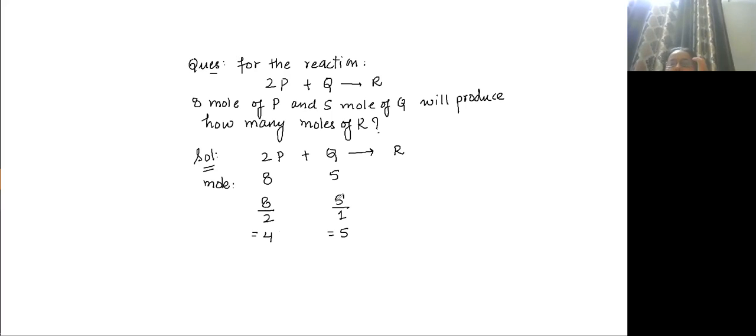This is 4, this is 5. So which will be LR? P is LR, Q is ER. So P will decide the amount of R. So moles of P divided by 2 is equal to moles of R divided by 1.